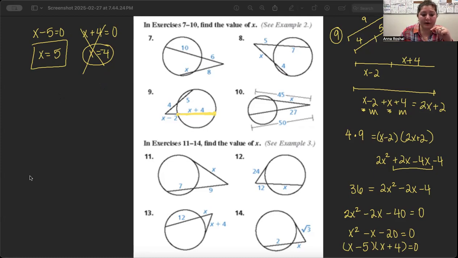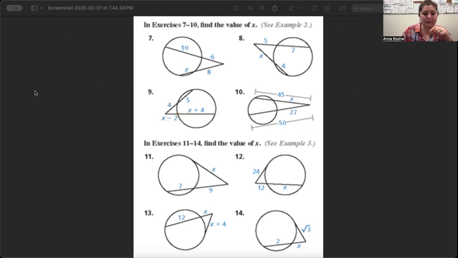The other two problems are exactly the same, with the exception of, hey, I have an entire piece that is outside, and the outside is the total, right? So I'm still going to do the outside times the total line, except in this case, the outside is the total also.